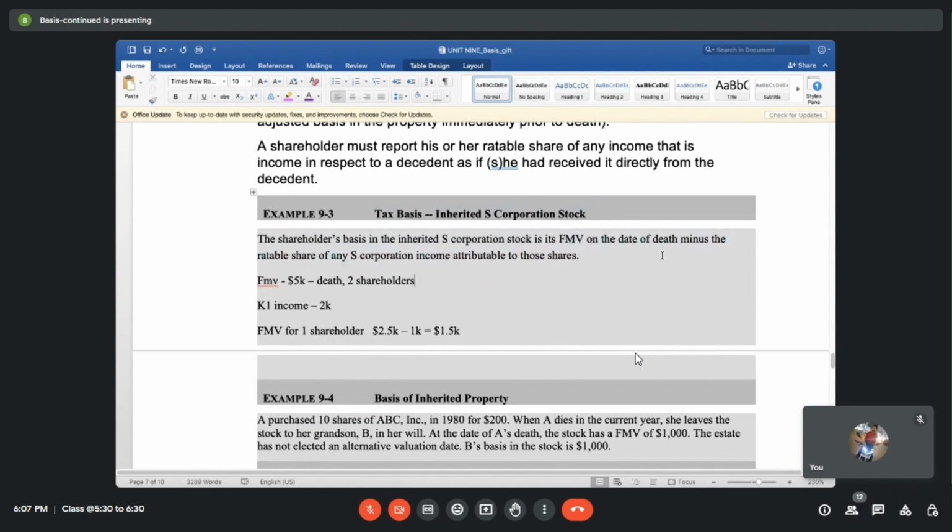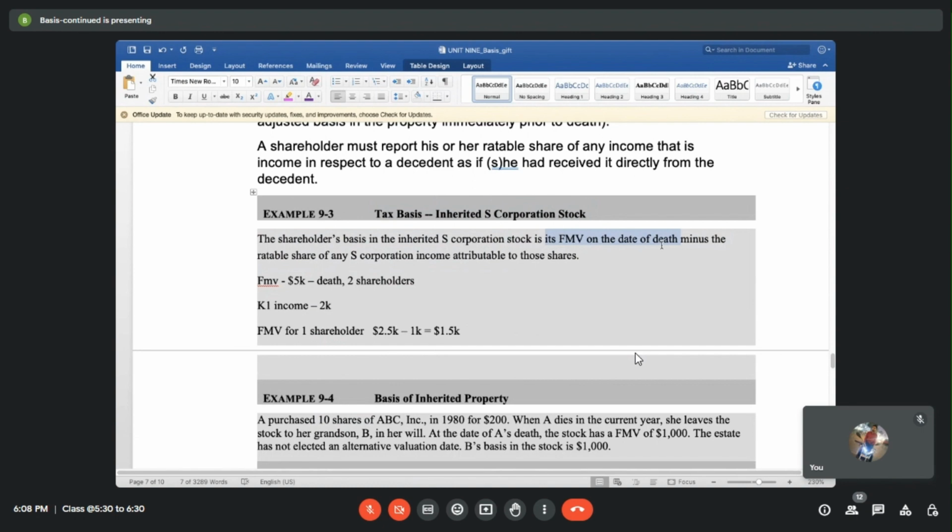See, if we are taking fair market value on the date of death, that means we are already incorporating the income component in it. Correct? Because that's how it becomes fair market value. That's how we say the company has so much profit sitting on its books, and that's how we compute fair market value.